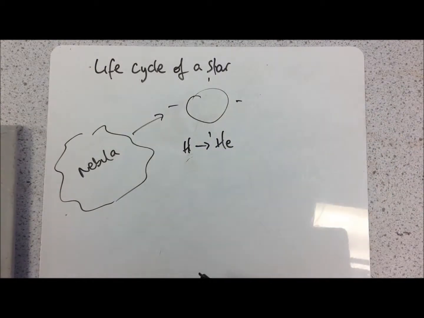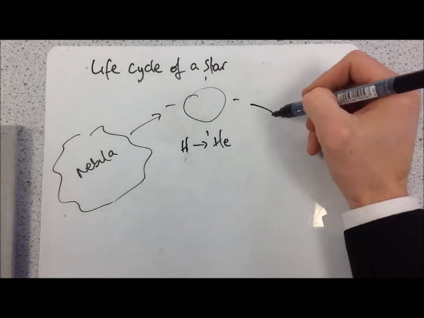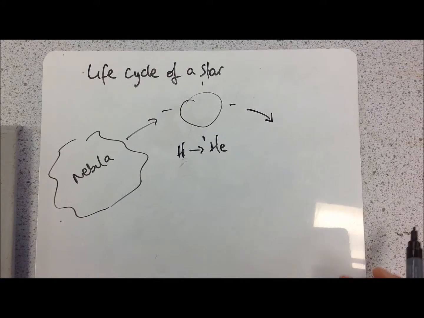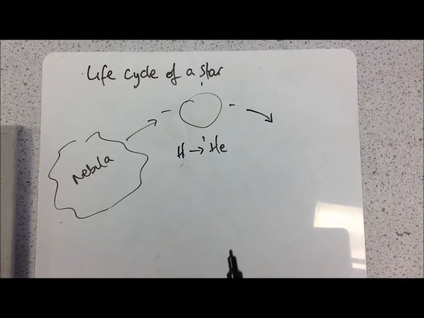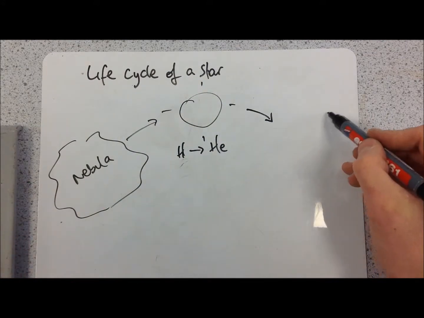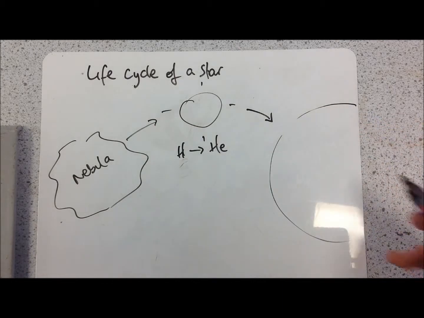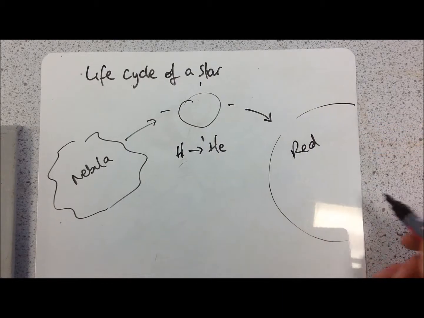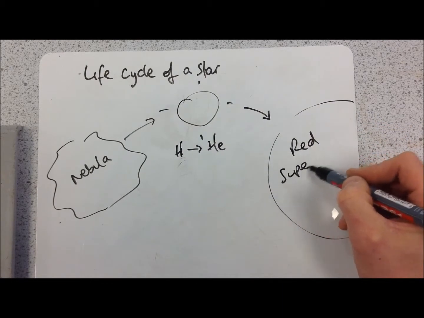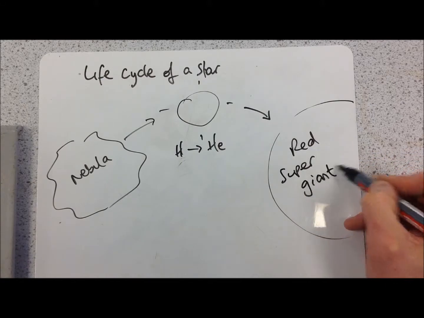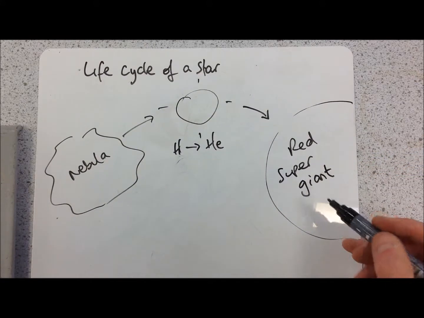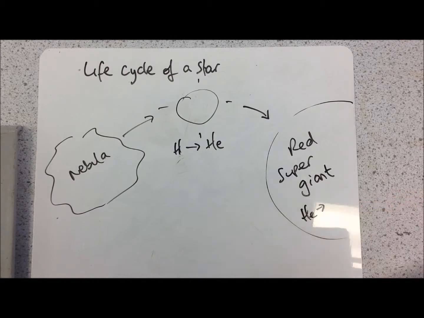Once the hydrogen runs out and we've got helium, the same thing happens as before. It will collapse, the outer layers will be blasted off, and we'll end up with something called a red supergiant. In the red supergiant, helium fuses to make carbon, maybe oxygen.